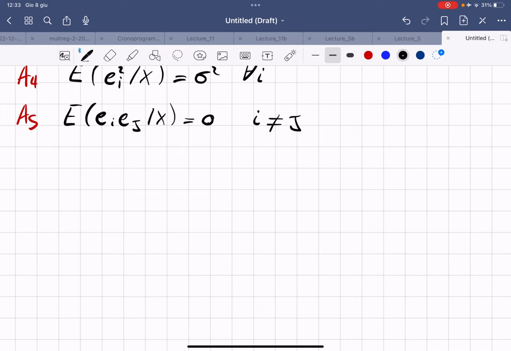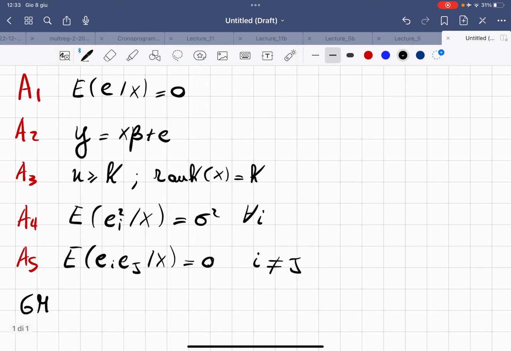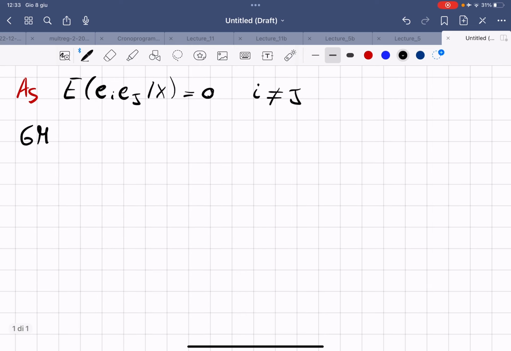So let me state what we are saying when we talk about the Gauss-Markov theorem. When we are respecting all of those assumptions, we say that the beta OLS estimator is the best linear unbiased estimator.